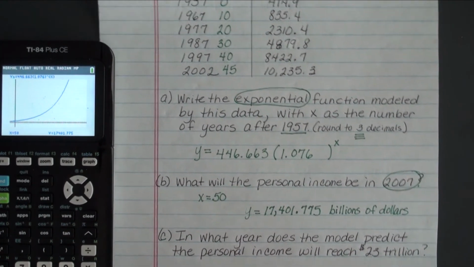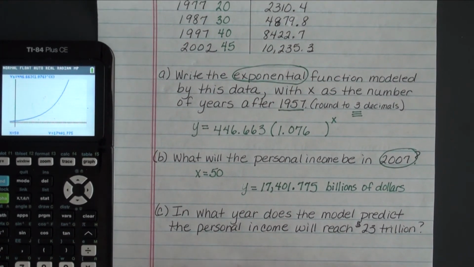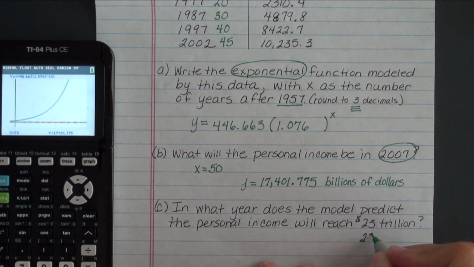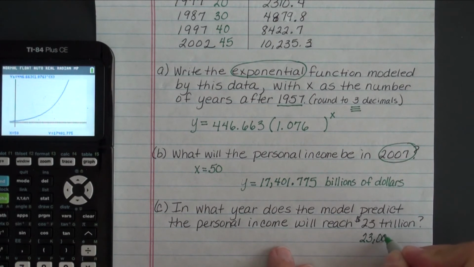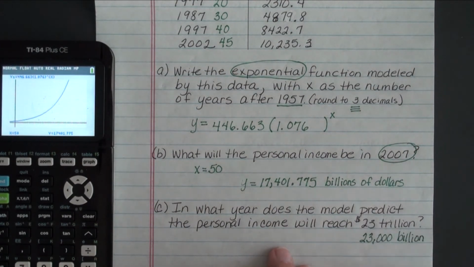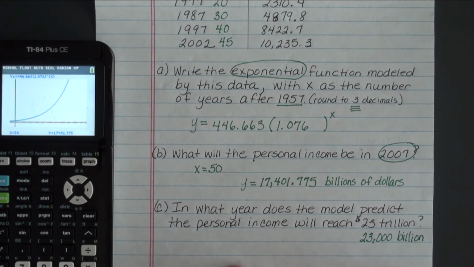Our last question says, in what year does the model predict the personal income will reach $23 trillion? Now, trillion is 1,000 times the billions. So I'm going to have to convert 23 to 23,000 so that I am in the billions, which is the unit that is used in this problem.